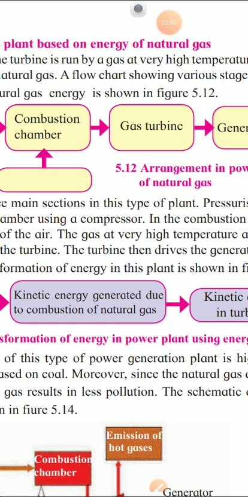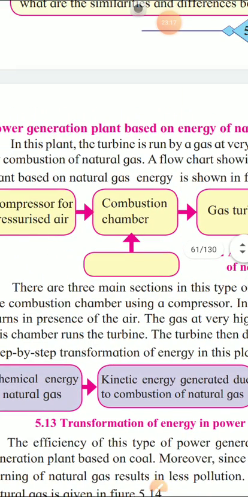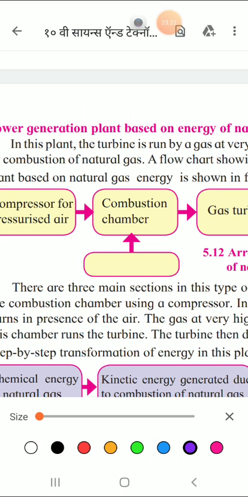So here again we can see one flow chart which shows us the various stages in the power generation based on natural gas energy. Let us see this, 5.12, arrangement in power plant based on energy of natural gas. So let me first highlight some important points for you again here.